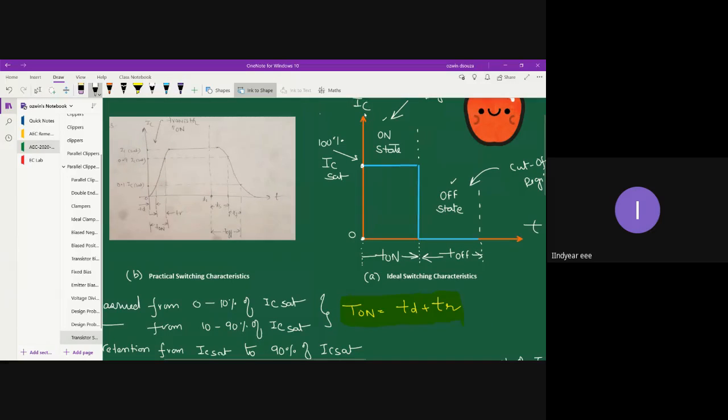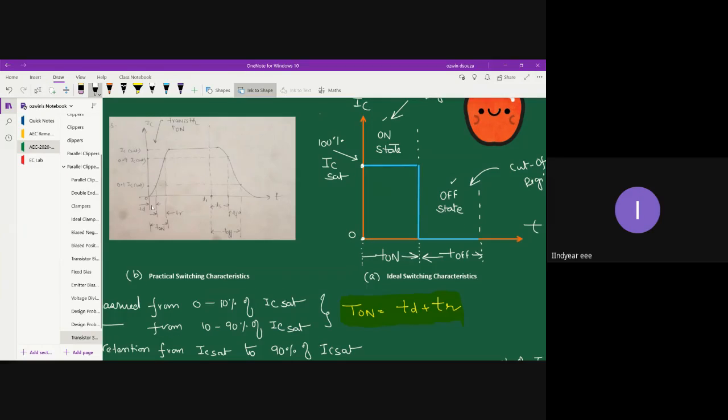Your y-axis is your current axis, collector current IC, and your x-axis is your time axis t. When the turn on is initiated at time t equal to 0, in case of an ideal switch, the collector current instantly jumps to the IC saturation value. Can you see this? That means an ideal switch doesn't exhibit any sort of delay. So the delay time in case of an ideal switch is 0.